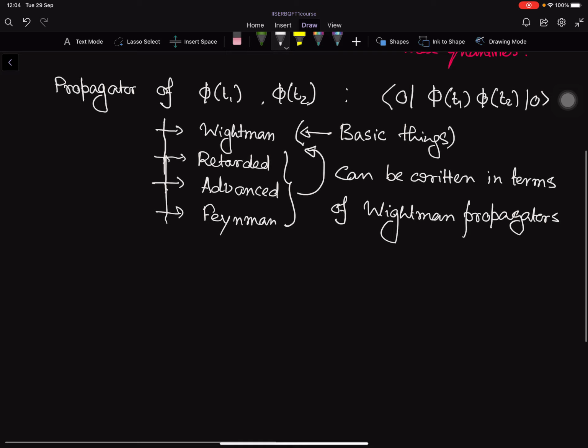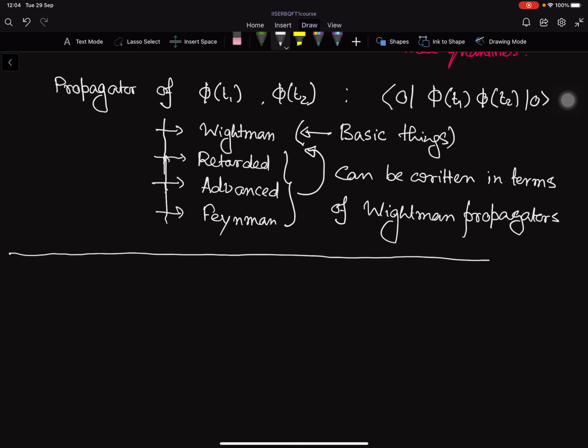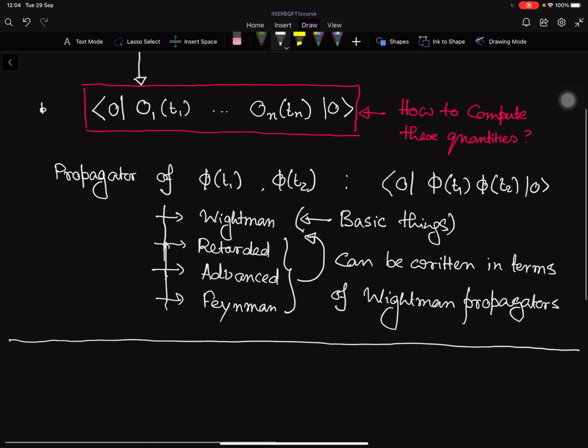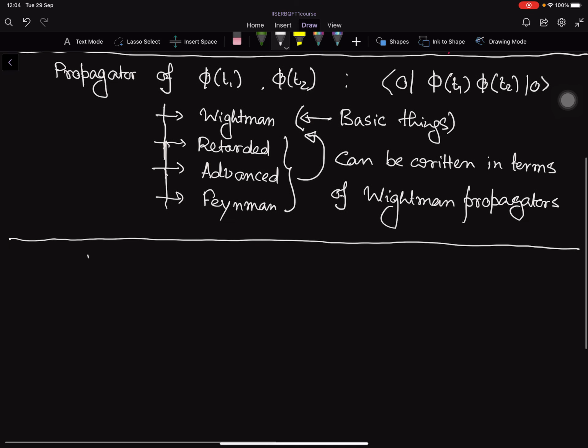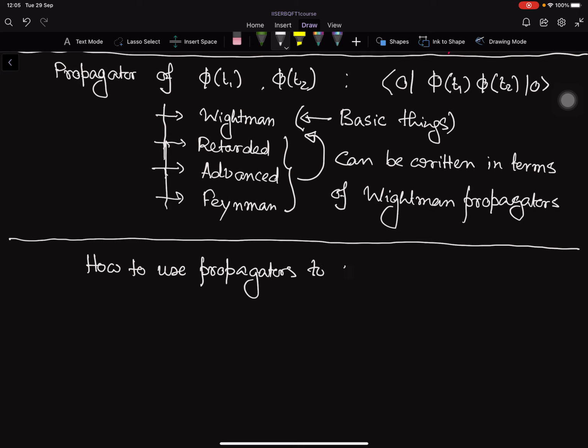Okay, so this means that the topic of this lecture is how to connect these two. So the topic of this lecture is how to use propagators to compute this vacuum expectation value of O1(t1) through On(tn).